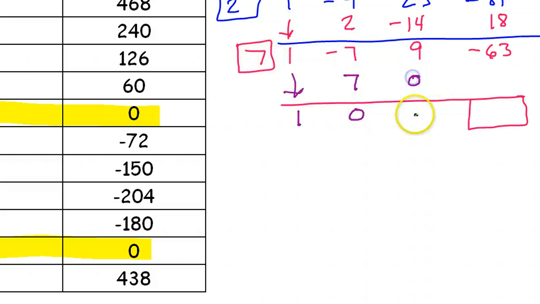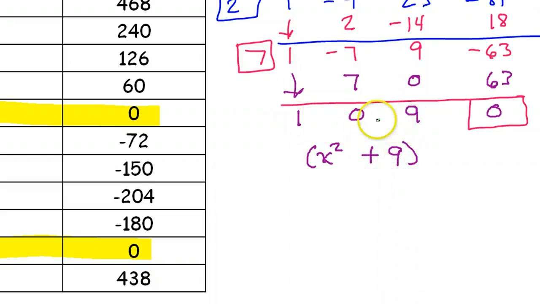Multiply, I get 0. Add, I get 9. Multiply, I get 63. Add, I get 0. Now, this is going to be quadratic. If I put the variables back in, this is going to be x squared plus nothing, and then plus 9. That's what comes from these digits.